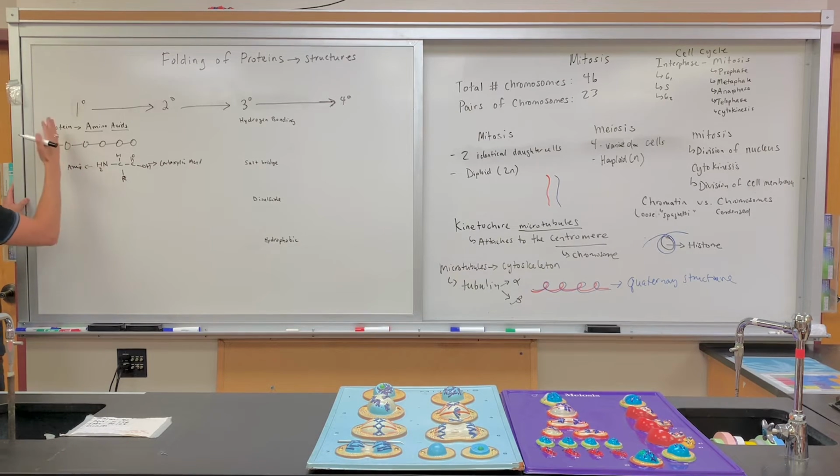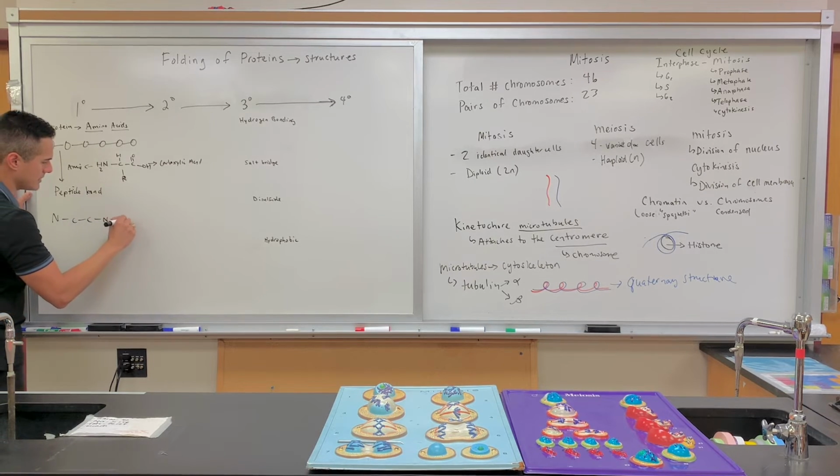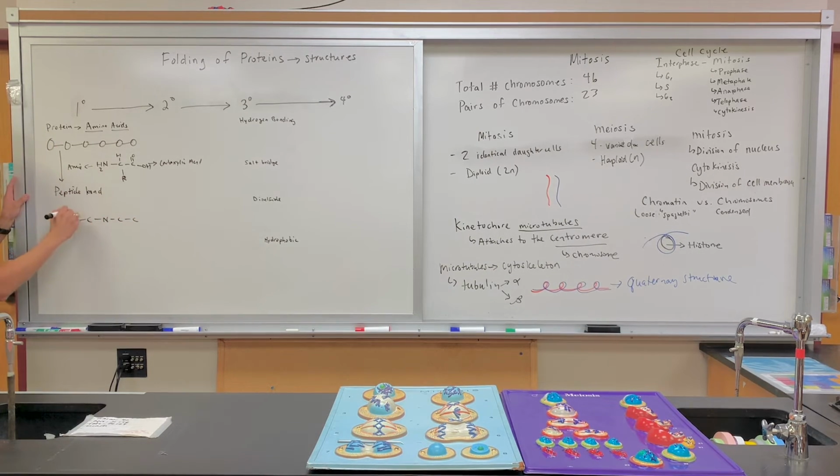So when we form a single protein, what's going to hold them together is a region that's known as the peptide bond. A protein is read from the N terminal to the C terminal. I'm only going to draw two of them.